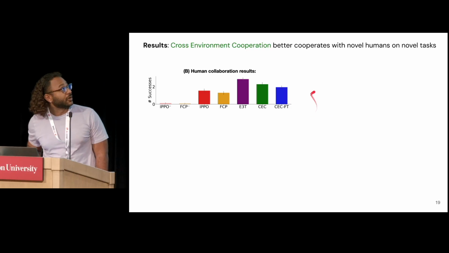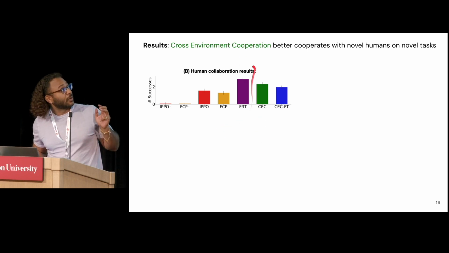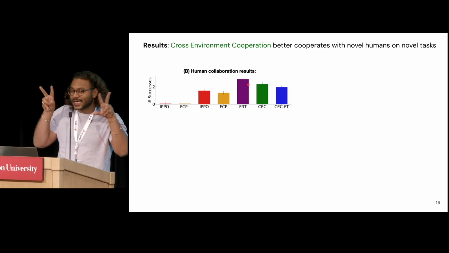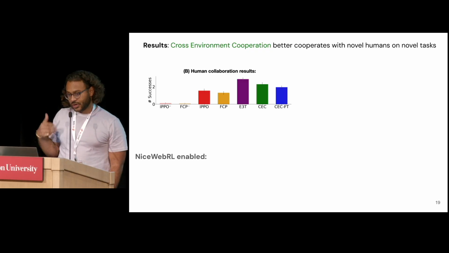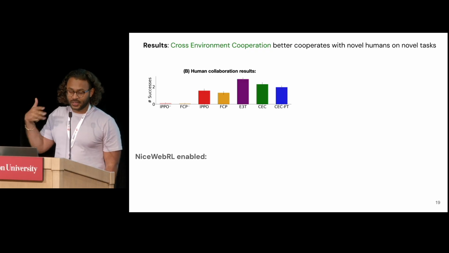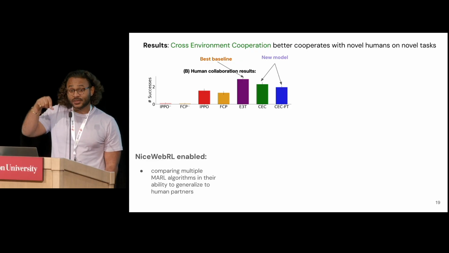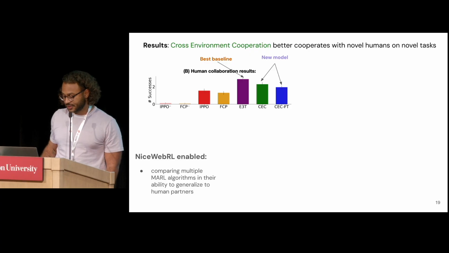Here are the collaboration results. So the first thing I want to draw your attention to is that this is actually a baseline. This is our method. And the baseline does better for completing the task when generalizing with humans, okay? So I'm going to walk through the results along with what you can get from NiceOverall. We first are able to compare different multi-agent RL algorithms, including state-of-the-art ones, with human partners.